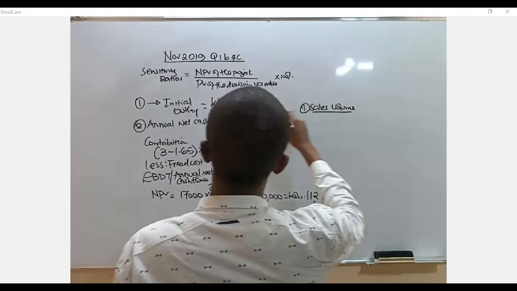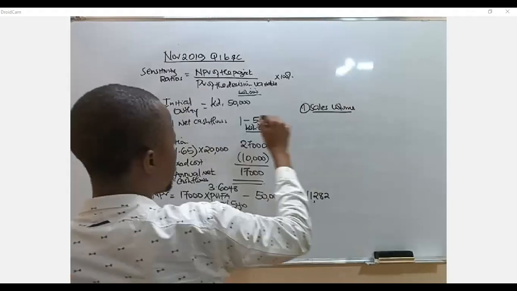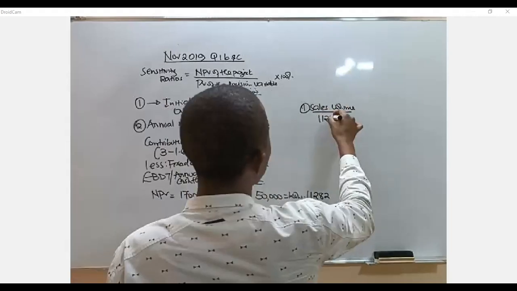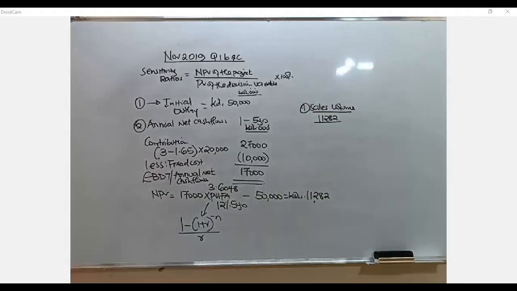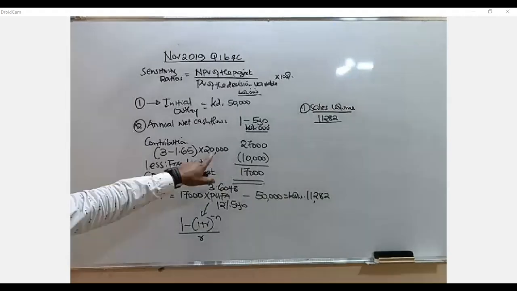For the sensitivity analysis, we start with sales volume. Take the NPV of the project, which now is 11,282. We divide by the volume that we are selling, which is 20,000 units.